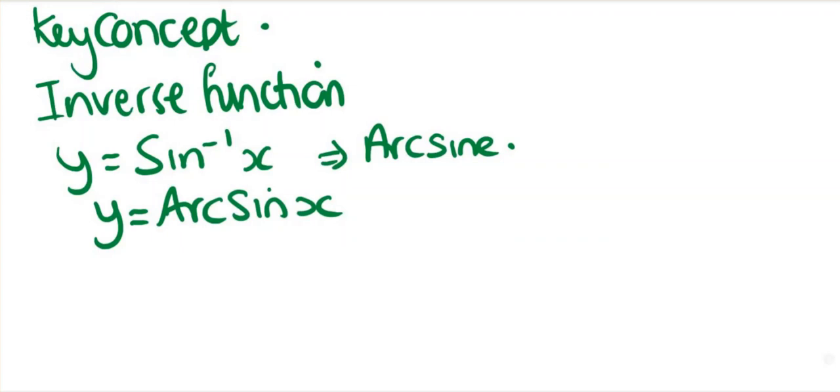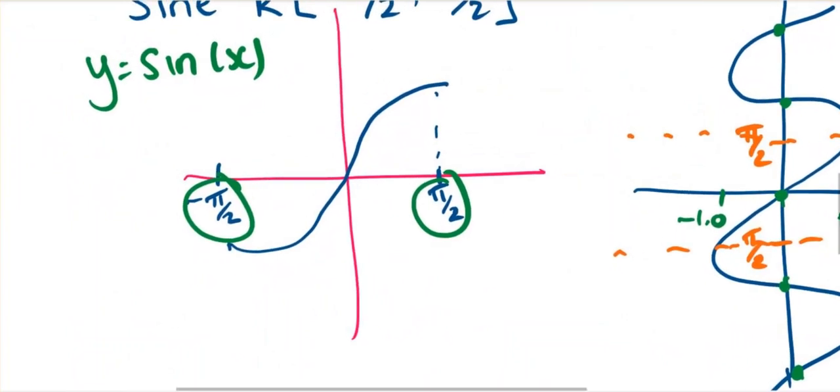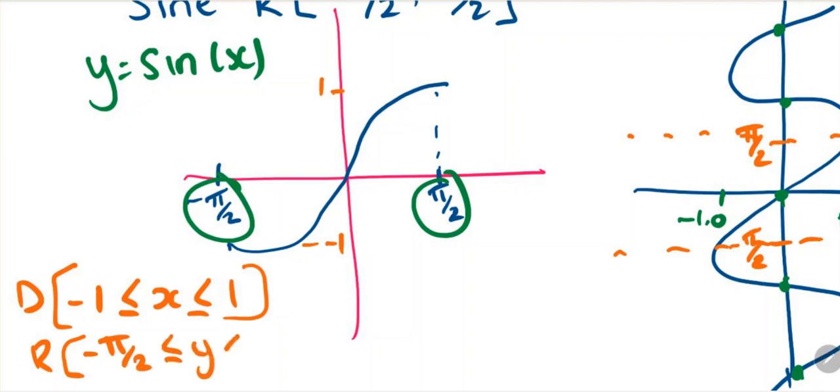So the domain, we go back here. For the sine of x, our domain is between 1 and minus 1. So the domain is minus 1 and 1. And the range, we said, is between minus pi over 2 and pi over 2.